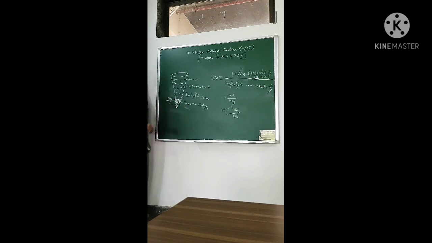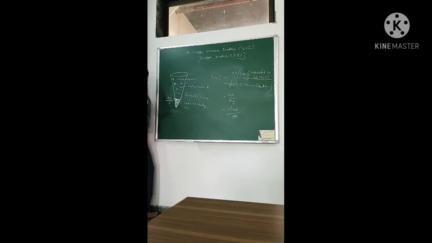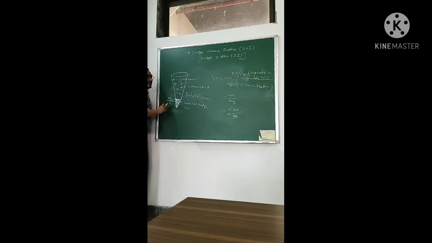Now we have to take this 1 liter sample for measuring the suspended solid concentration. We take the mixed liquor suspended solids through the standard procedure of measuring suspended solids by using Whatman filter paper, keeping it in a muffle furnace or hot air oven at 110 degrees Celsius for 1 day, and after that we can measure the concentration of suspended solids and write it here in mg per liter.